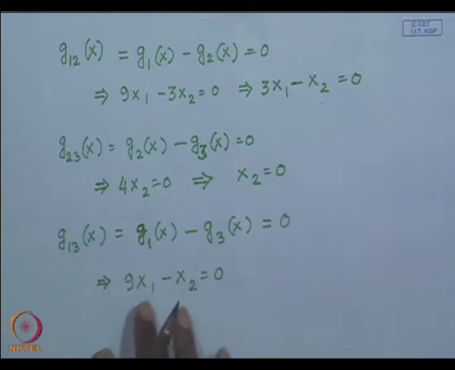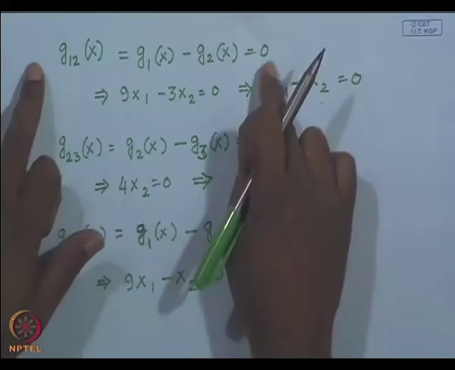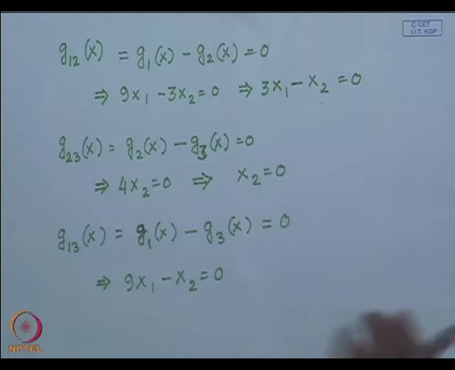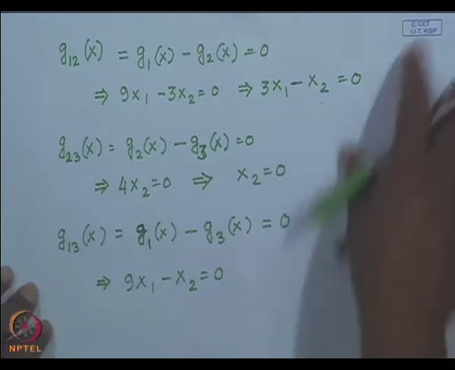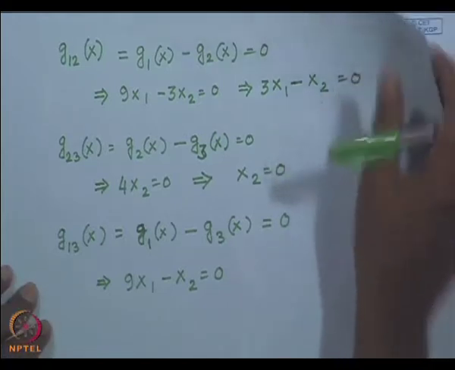And what are we talking about? We are considering two dimensional feature vectors having components x1 and x2. So, it is a two dimensional space. Now, if I plot all these decision boundaries, let us see what kind of situation we have.